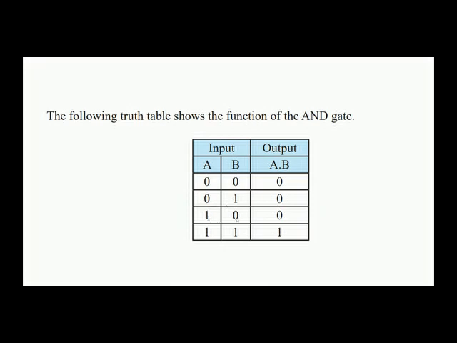And A is on, but B's electric signal is unavailable, so again it's 0. If you want it to be 1, both inputs should be 1. So it is denoted by A dot B. The output is A dot B. Then we will go to the next gate.